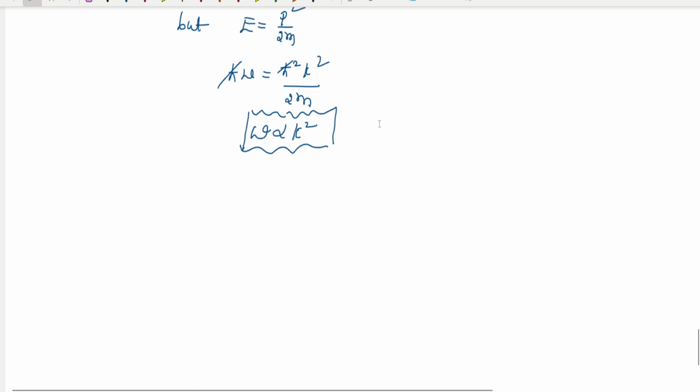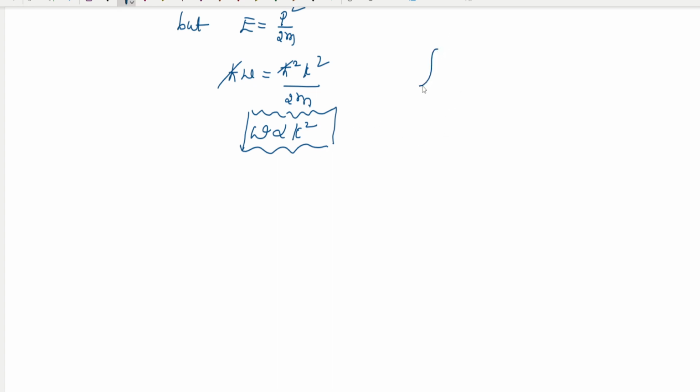We need this type of dispersion relation for the particle to exhibit wave nature. So they try to solve the differential equation. Time is a single derivative and space is a double derivative.